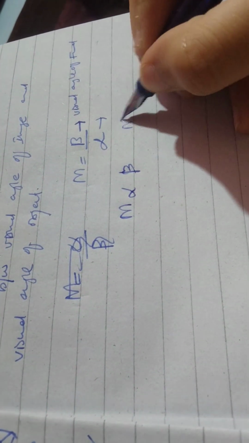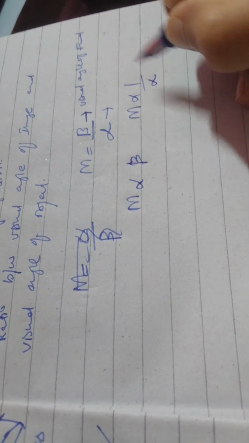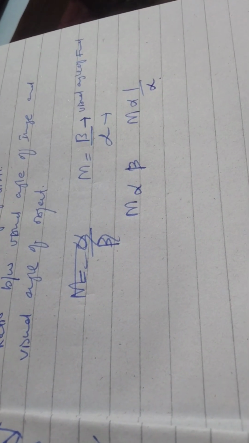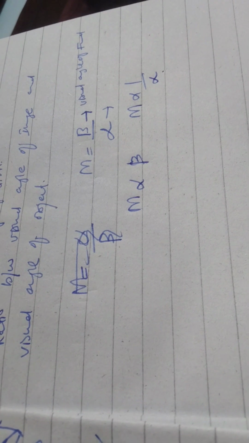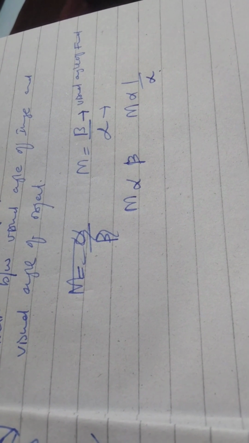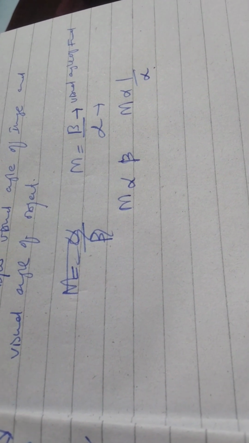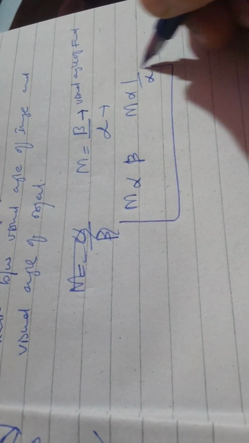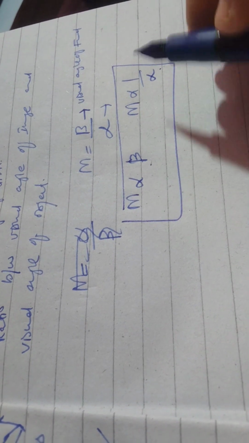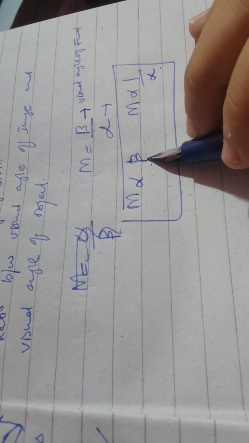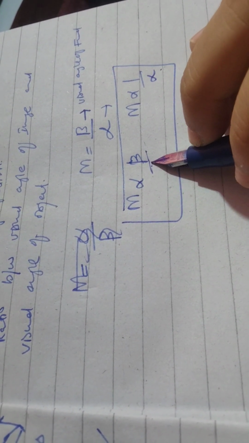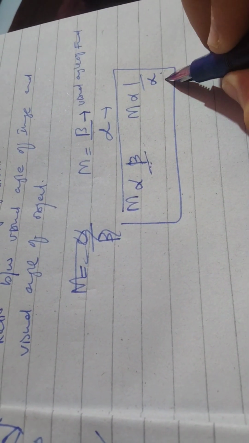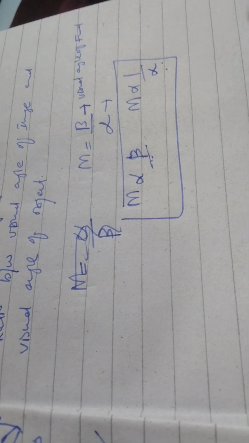But it is inversely proportional to alpha. As the angle formed by the object placed at the minimum distance of 25 centimeters decreases, the magnification will obviously increase, right? So this is the relationship between the magnification and beta and alpha.